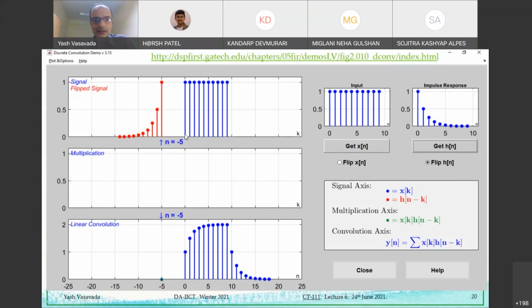So when I shift it, it goes towards the left and it looks like this. Now if I multiply the red and the blue, obviously I get 0. Nothing appears because whenever red is non-zero, blue is 0, and whenever blue is non-zero, red is 0. And therefore, if I add up all zeros, I get 0. And so y of -5 is 0, which is this green dot.